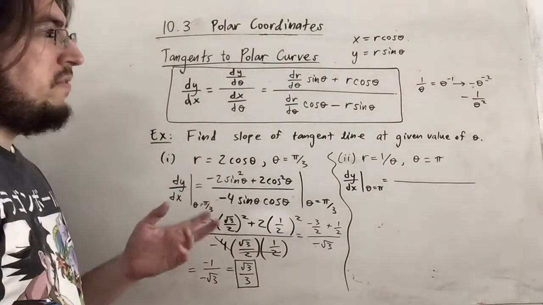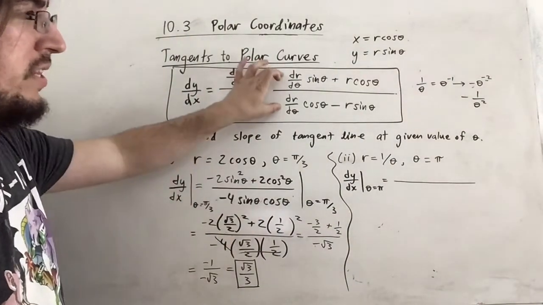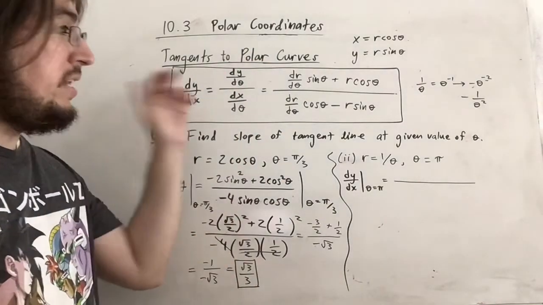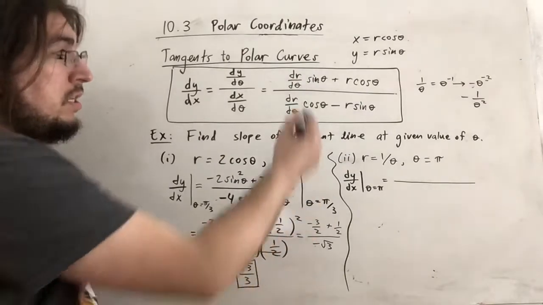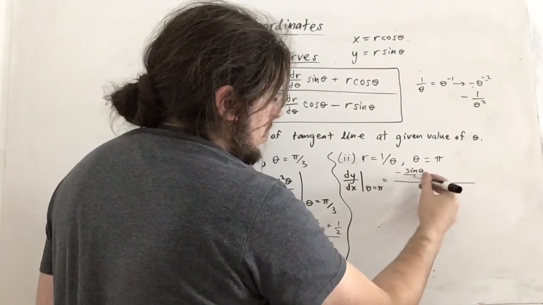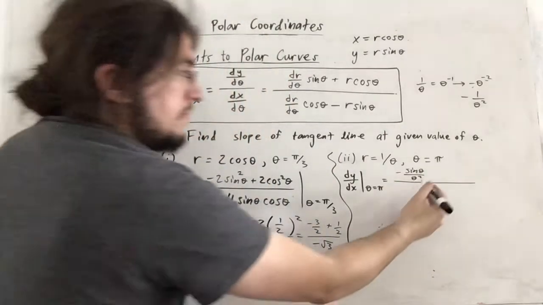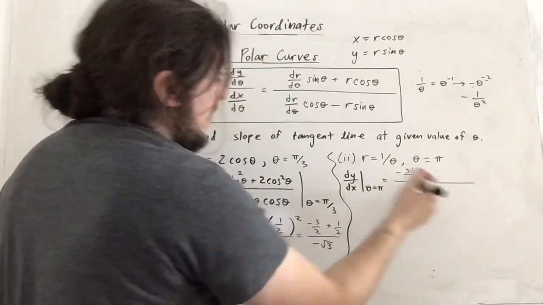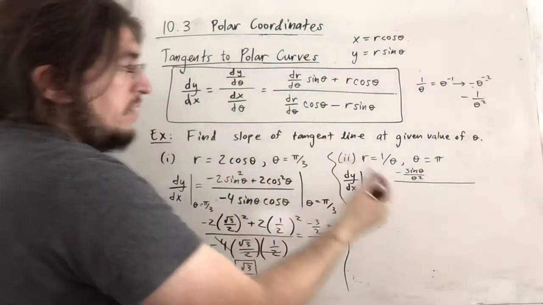So it's negative 1 over theta squared. So these dr d thetas will become a negative theta squared in the bottom. Everything else will stay the same for the first terms. So up on top, this will be negative sine over theta squared, like that. And the first term on the bottom will be negative cosine over theta squared.